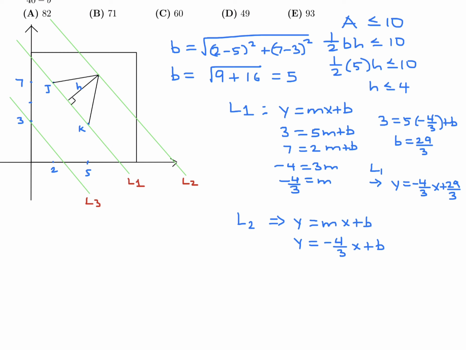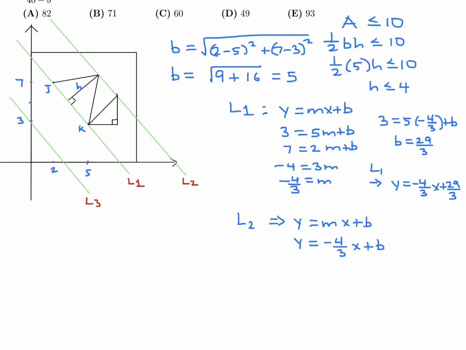Well, what you do is you can choose a point, let's say, on this L2. So I'll just put the point right here. And from that point, I will draw a line to K, like that. And then what I will do is draw a triangle that is a right triangle, like this.